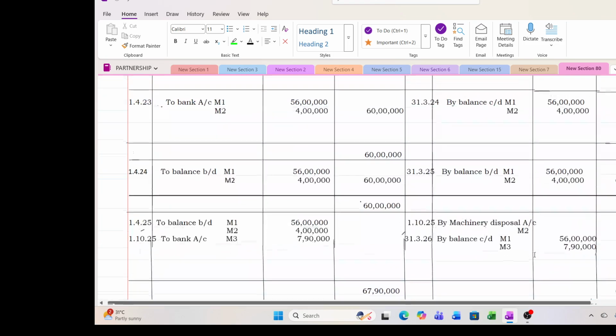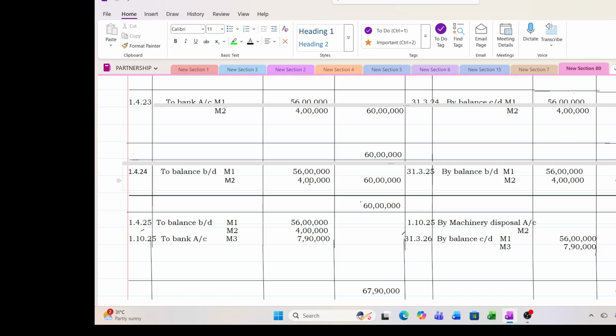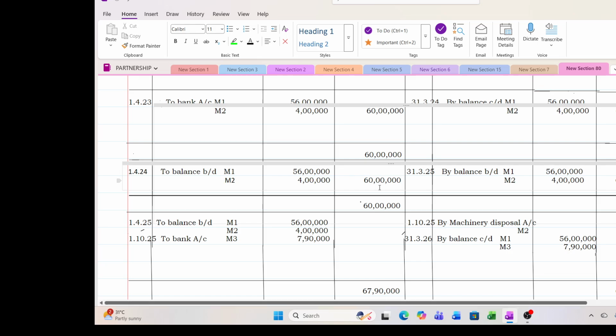Now again here, from 1/4/24 to 31/3/25, nothing has happened because M2 is auctioned, become obsolete, only on 1/10/2025. So as on 31/3/25 also, the same balance will carry on. Okay. So I brought that down on 1/4/25.